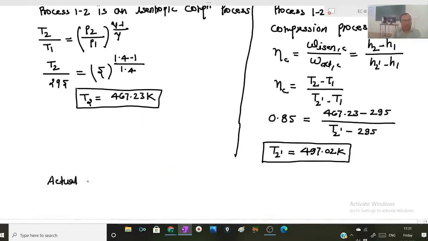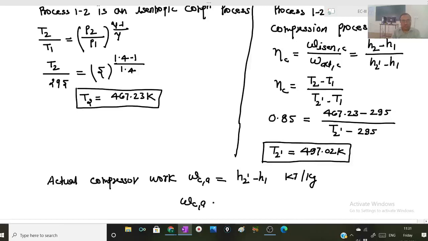So actual compressor work, WC actual, is nothing but H2 dash minus H1 kilojoule per kg of air.